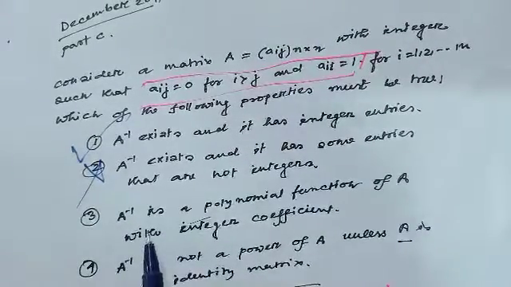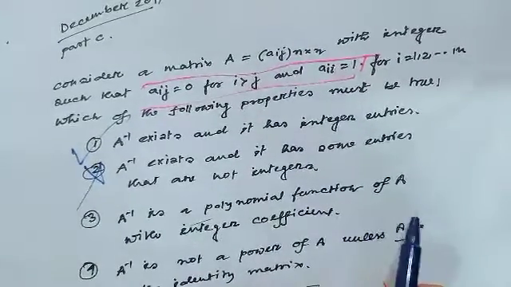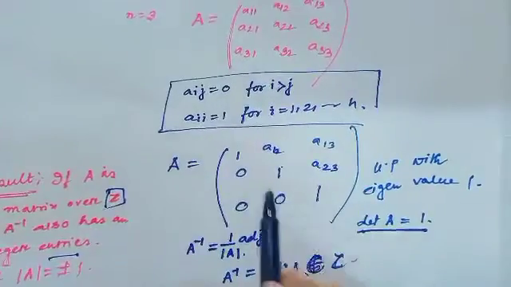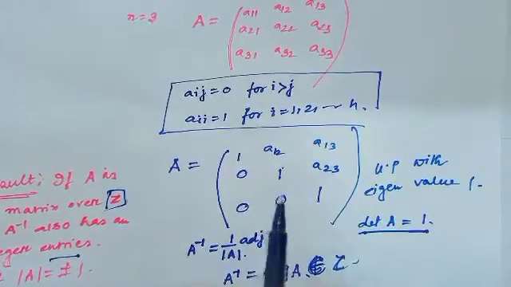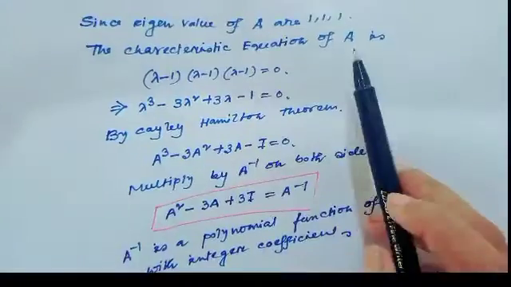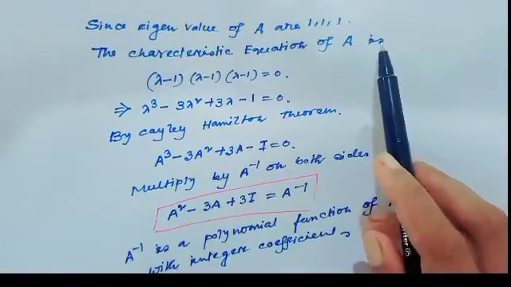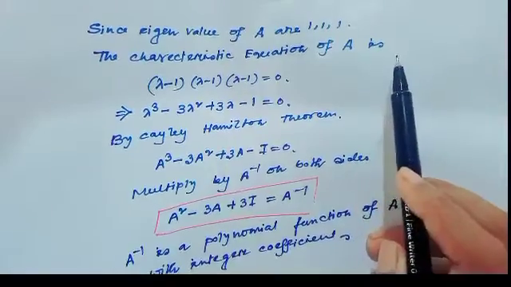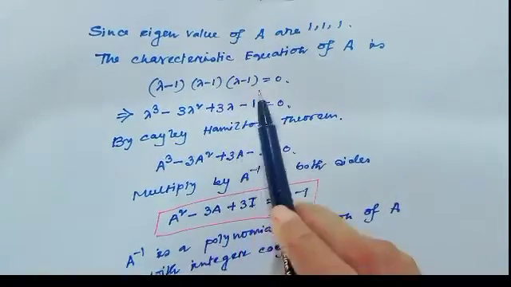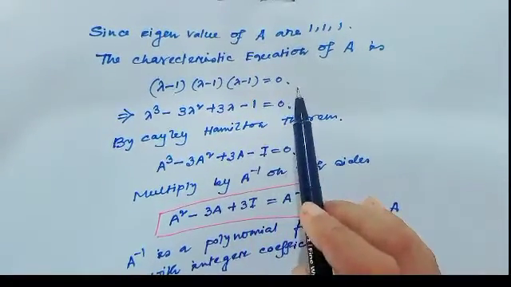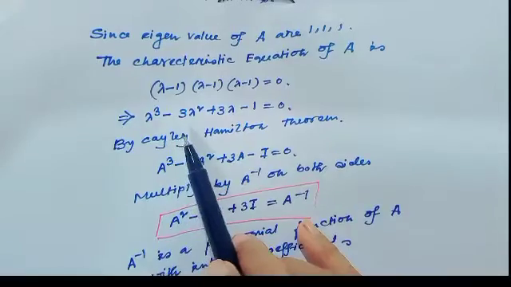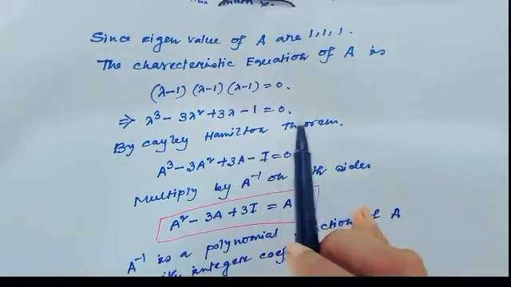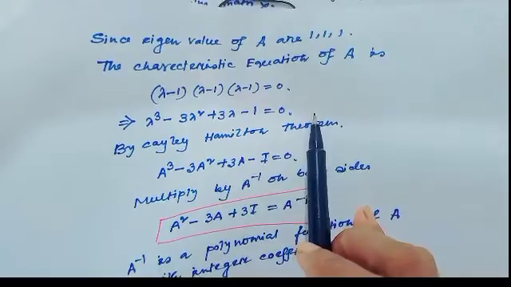Now notice option 3. Option 3 indicates A inverse is a polynomial function of A with integer coefficients. Since here the eigenvalues are 1, 1, 1, the characteristic equation of A is lambda minus 1 times lambda minus 1 times lambda minus 1, which is actually equal to lambda cube minus 3 lambda square plus 3 lambda minus 1 equal to 0.